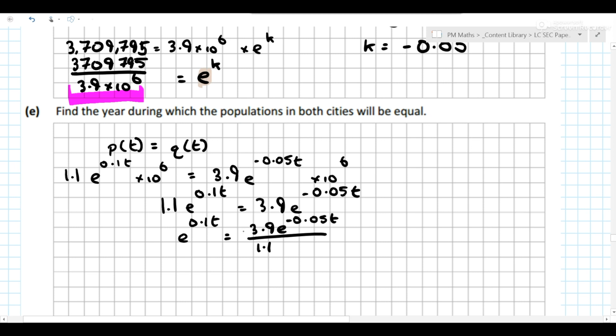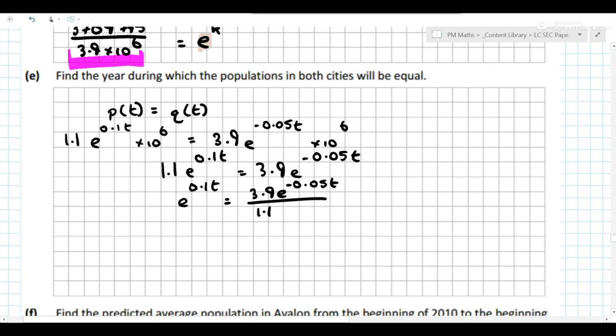And we want to get the t on the other side as well, onto the left hand side. So if we divide both sides by e to the minus 0.05 t, e to the 0.1 t divided by e to the minus 0.05 t is equal to 3.9 over 1.1.